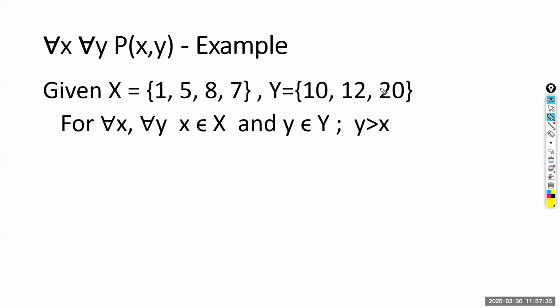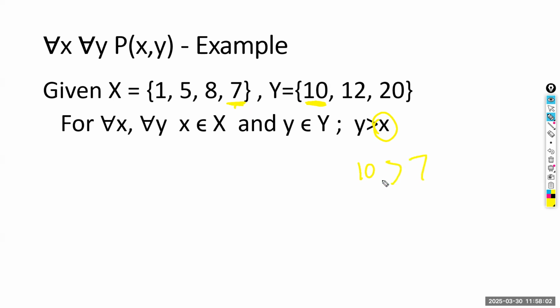Right. So the worst case is, remember this statement says y is greater than x. Y is bigger than x. So therefore, let's take the smallest y and let's take the biggest x, because that is the worst case. And check whether it still works. So my smallest y is 10. Biggest x is 7.